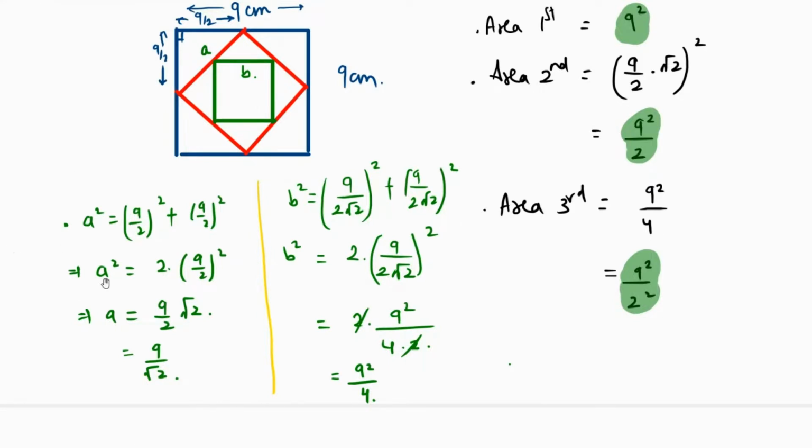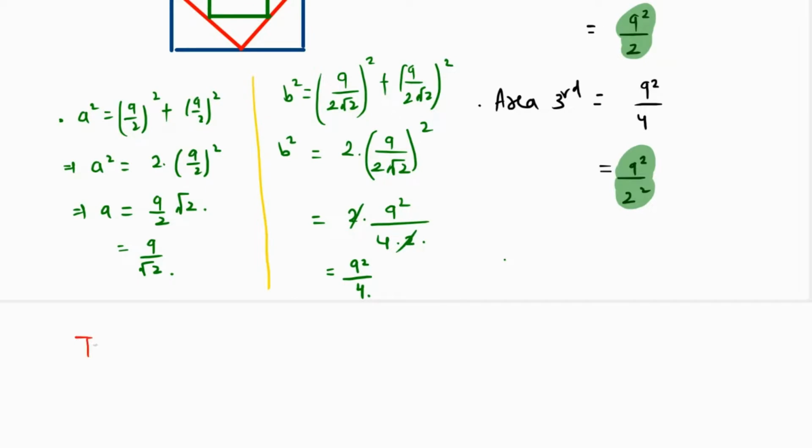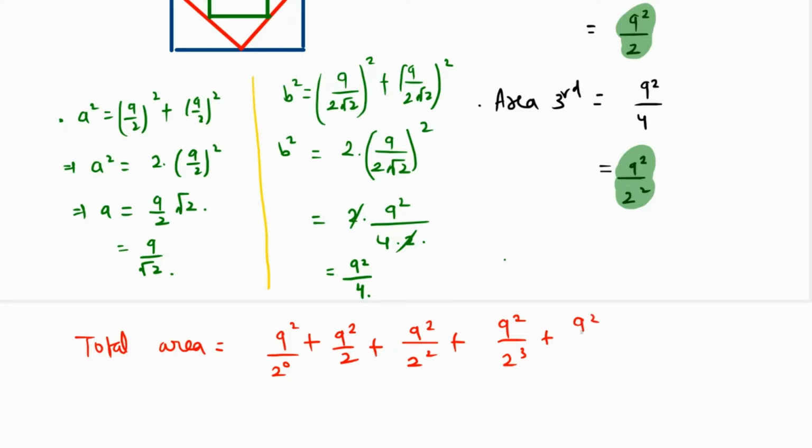So the total area is going to be 9 square plus 9 square over 2 plus 9 square over 2 square. Now this can be written as 2 raised to 0, 2 raised to 1, 2 raised to 2, and so on, likewise 2 raised to 3, 2 raised to 4.